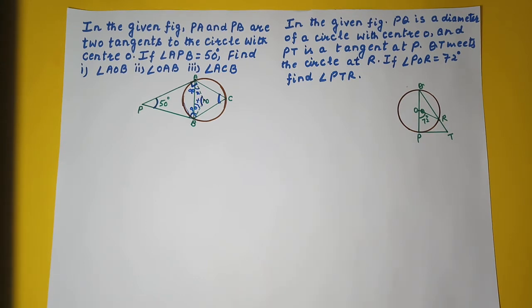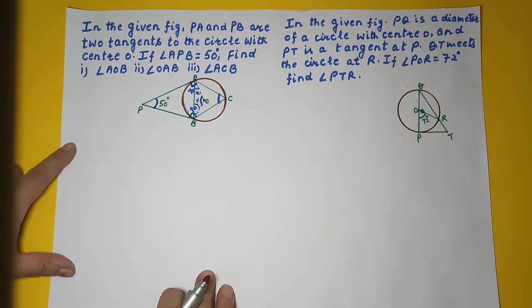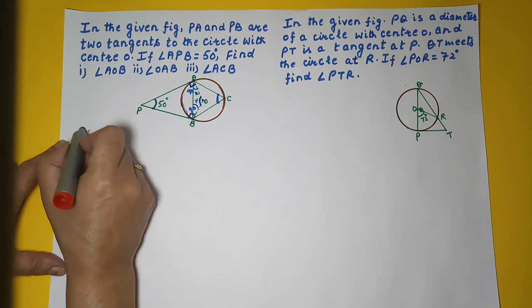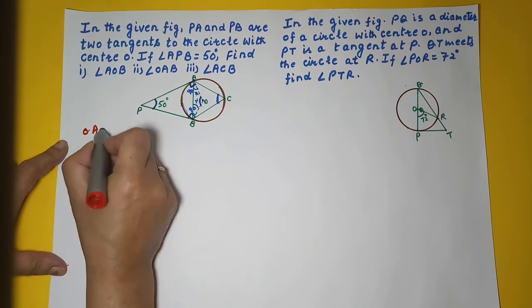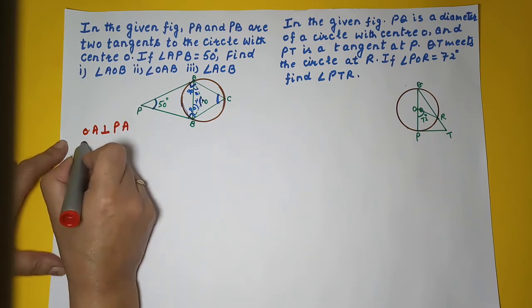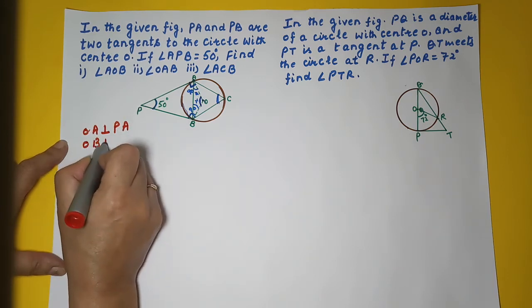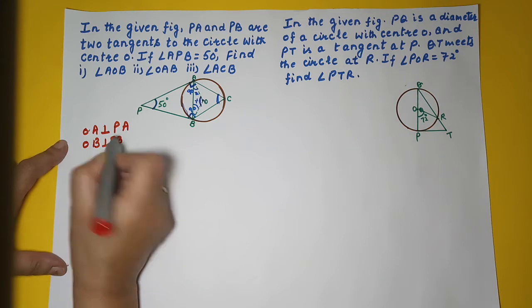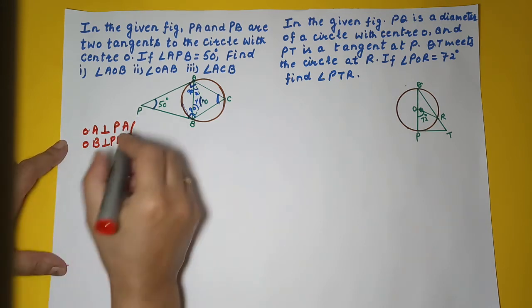So now let's write it. So how do we write this? We will write that OA is perpendicular to PA and OB is perpendicular to PB. So we know the reason.